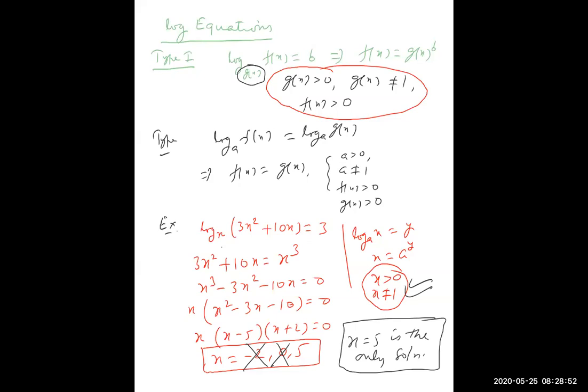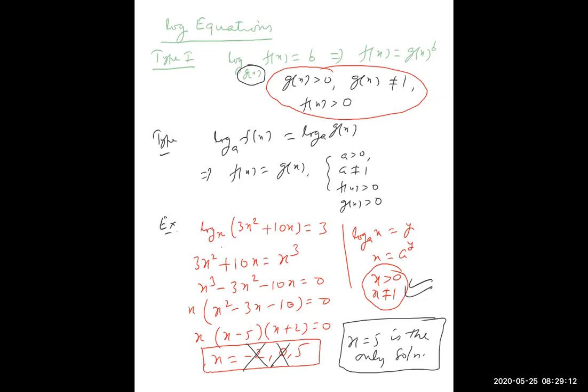Ask if any doubt is there in this. So I got three solutions, minus 2, 0 and 5. But two I am rejecting. Why am I rejecting? Because they are not within the domain of the function. Domain means these values of x are not admissible. Why are they not admissible?